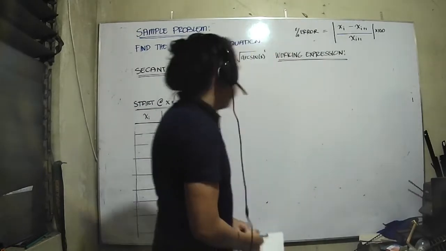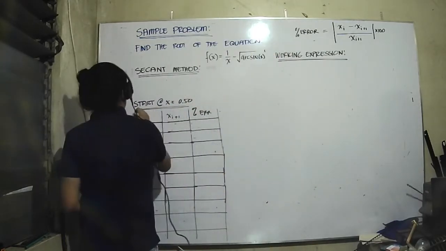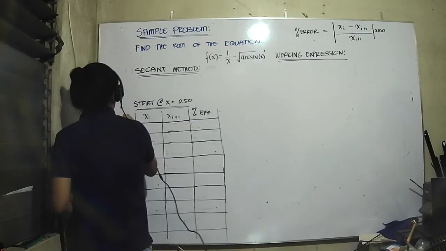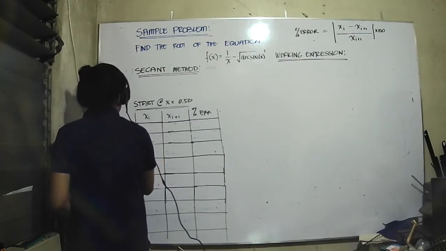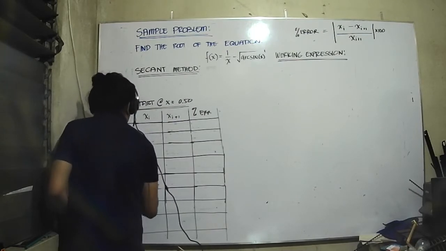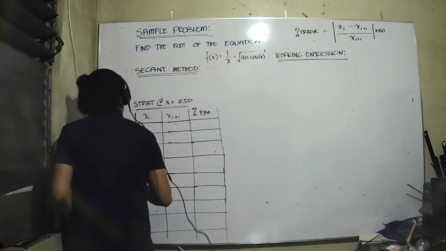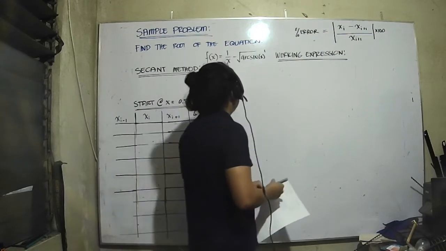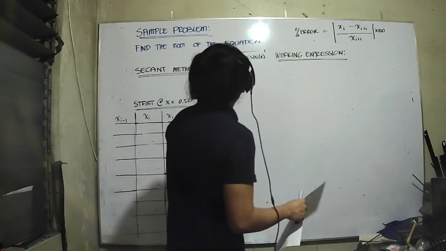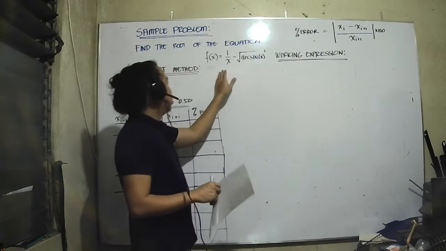Okay. So now we go with the second method, x_{i-1}. Let's try to solve this using the second method. We have this function.